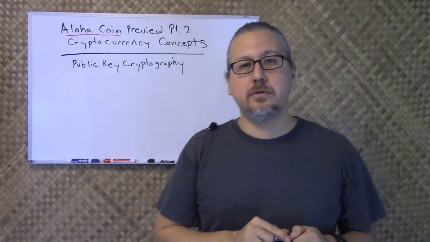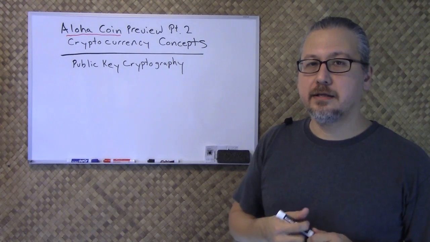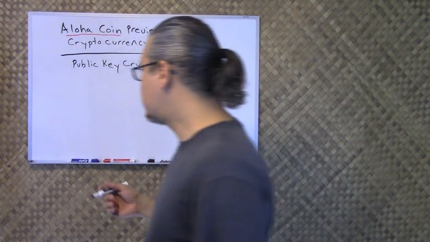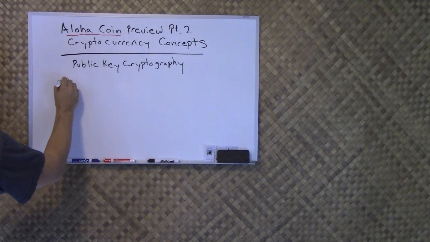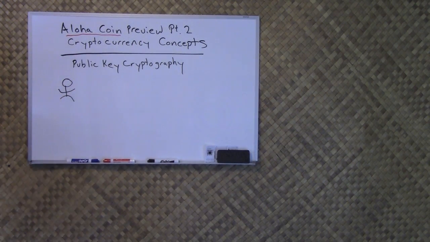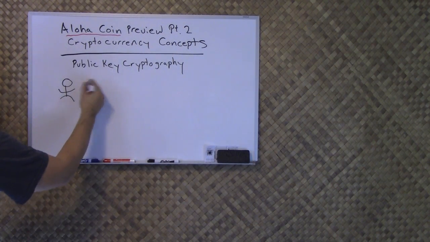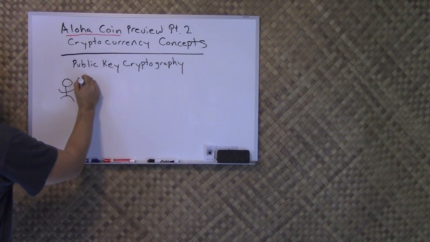Okay, so the way public key cryptography works is that, let's say, here's me, okay, and I generate what's called a public and private key pair.